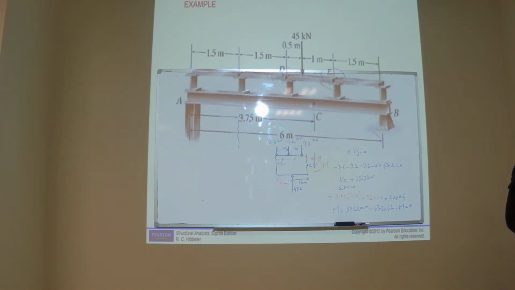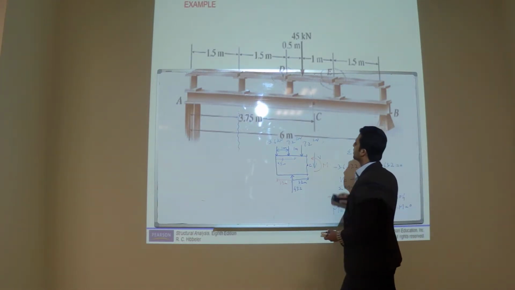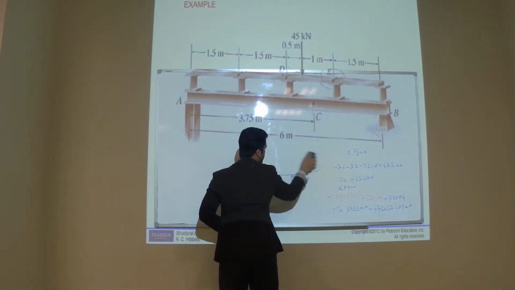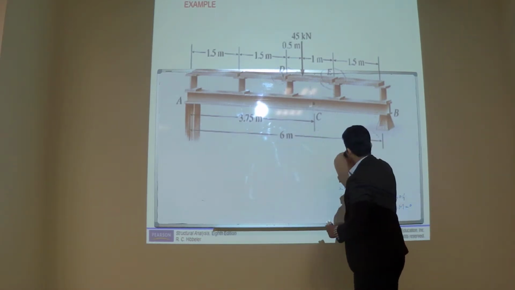Okay, now what is the question? Can anyone read from the book? What do we need? The 9K force in figure 4A is supported by the floor panel DE, which in turn is simply supported at its ends by floor beams.